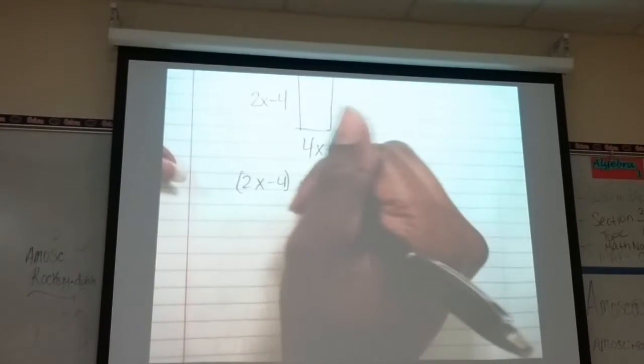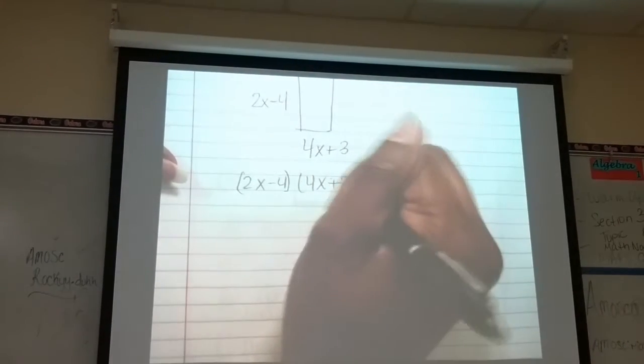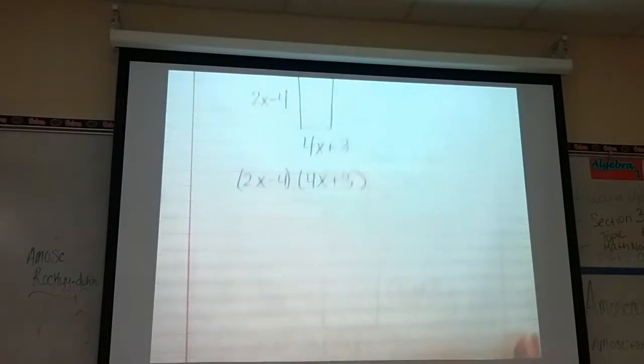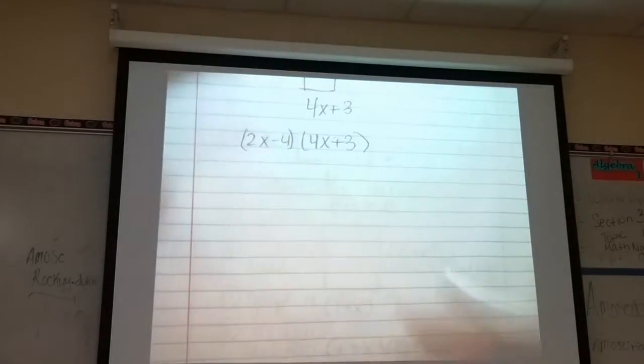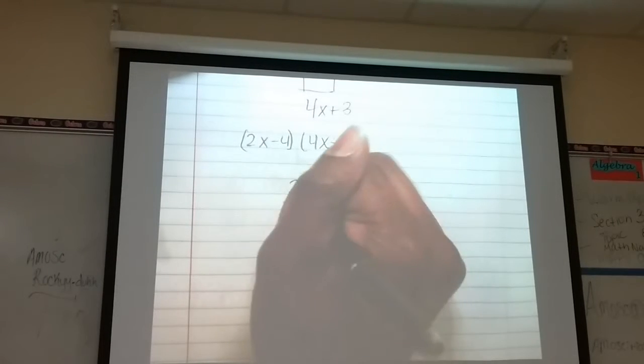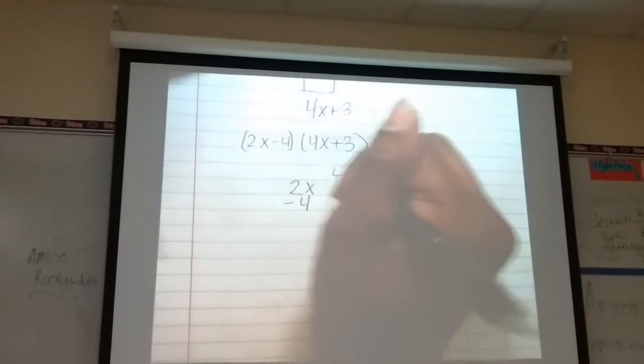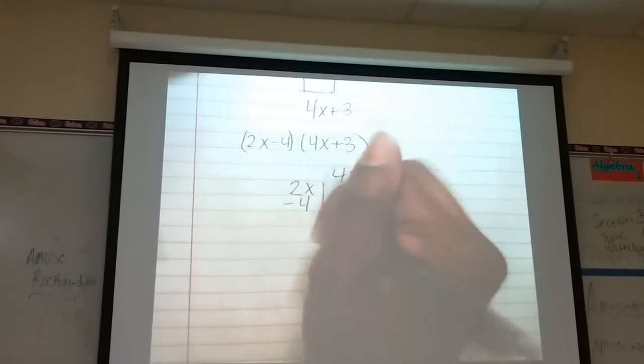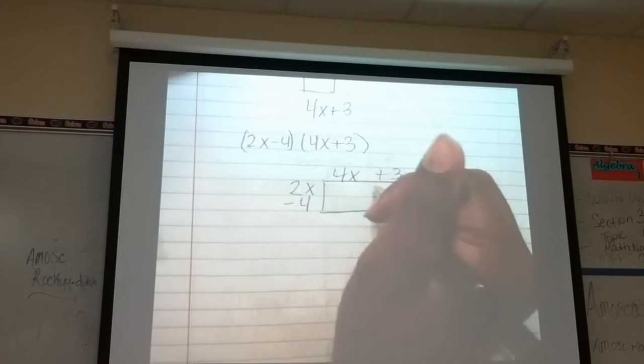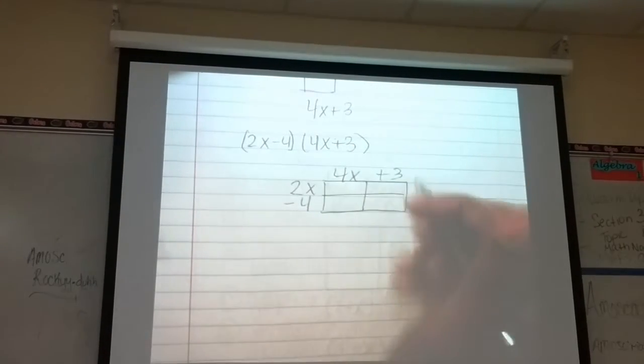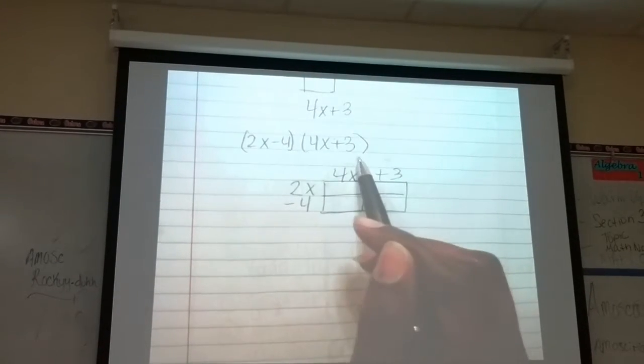Length times the width, that's how we find the area. Whatever's on the left goes on the left. Whatever's on the right goes at the top. Then side times the top.